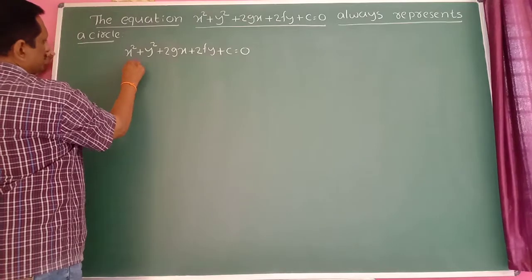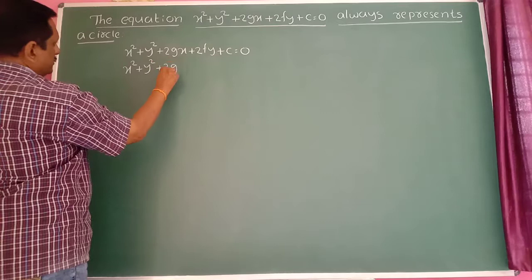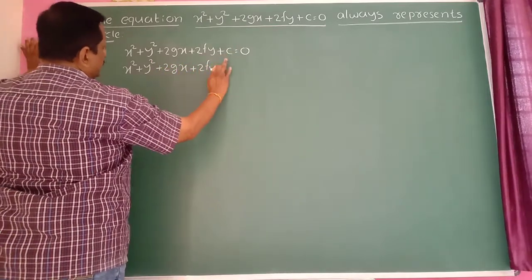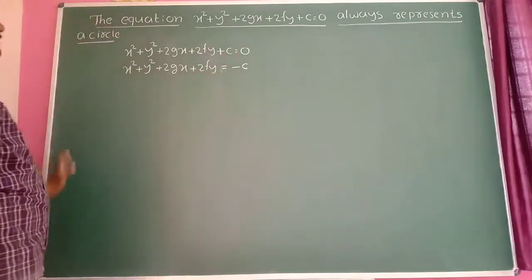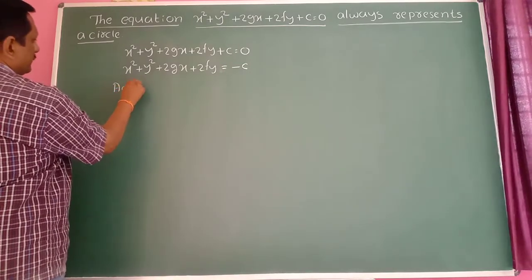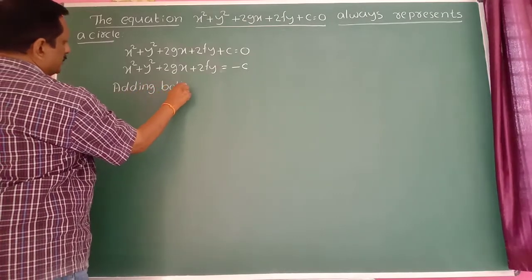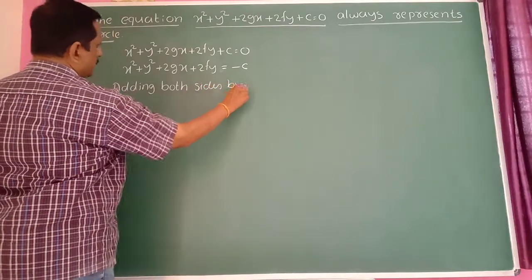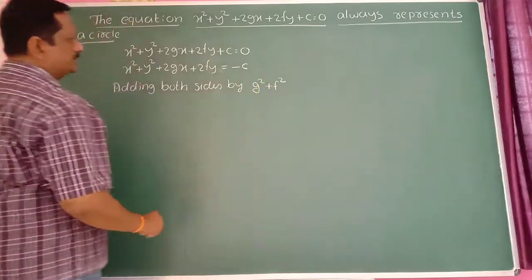So x square plus y square plus 2gx plus 2fy is equal to minus c. Then adding both sides by g square plus f square.